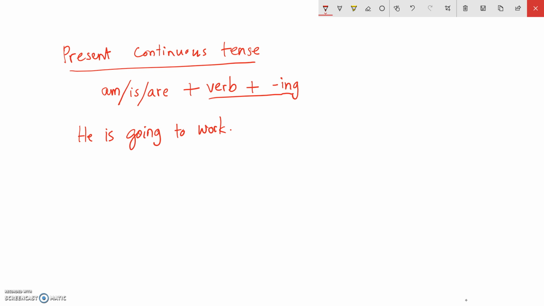That is something interesting about present continuous tense, where it is used to refer to a future action. What do I mean by this? If you look at this example, number 2, I am going to China next month.